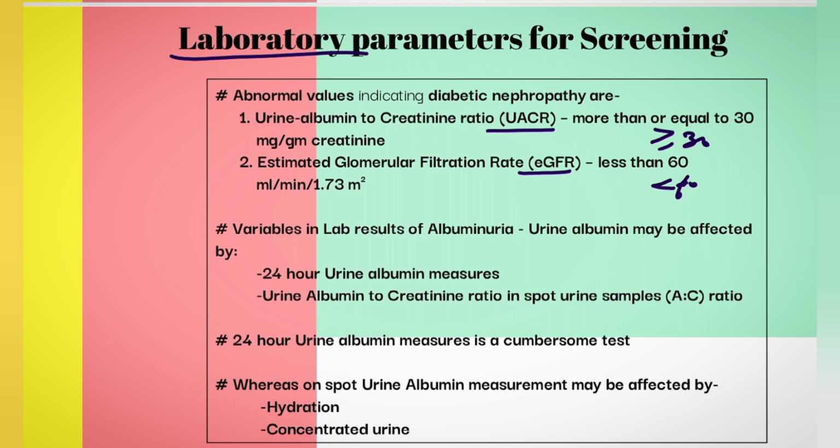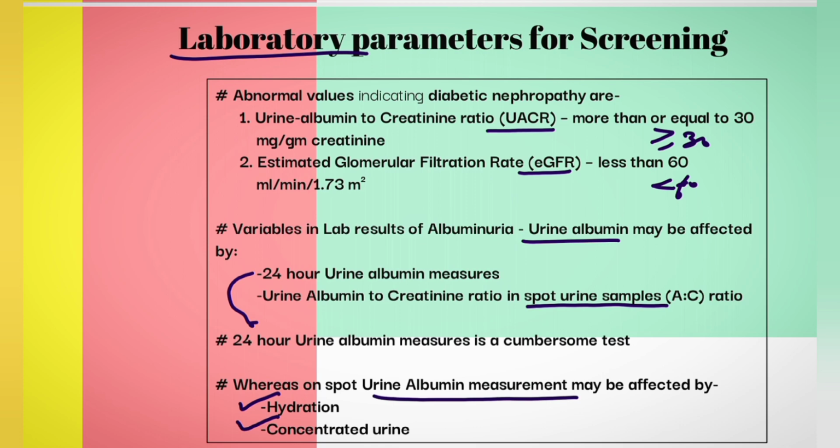Urine albumin can be measured by the 24-hour urine albumin measurement and by the urine albumin to creatinine ratio in a spot urine sample. The 24-hour urine albumin measurement is a very hard task, a very cumbersome test, and urine albumin measurement can be affected by the level of hydration of the person and when there is concentrated urine.